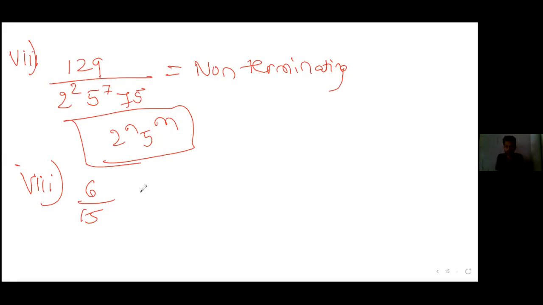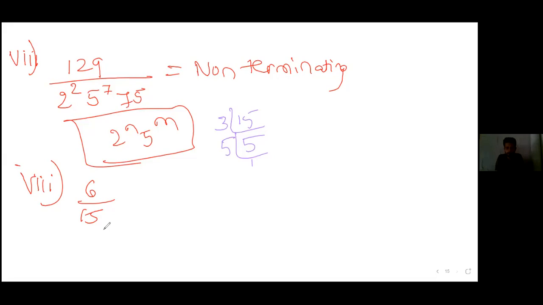I need everyone's answer. When you factorize, what are the factors of 15? How do you factorize this? We just take 3 5s are 15, right? Is it in the form 5 to the power n? No, it is not in the form 5 to the power n. Tell me whether it is terminating or not.